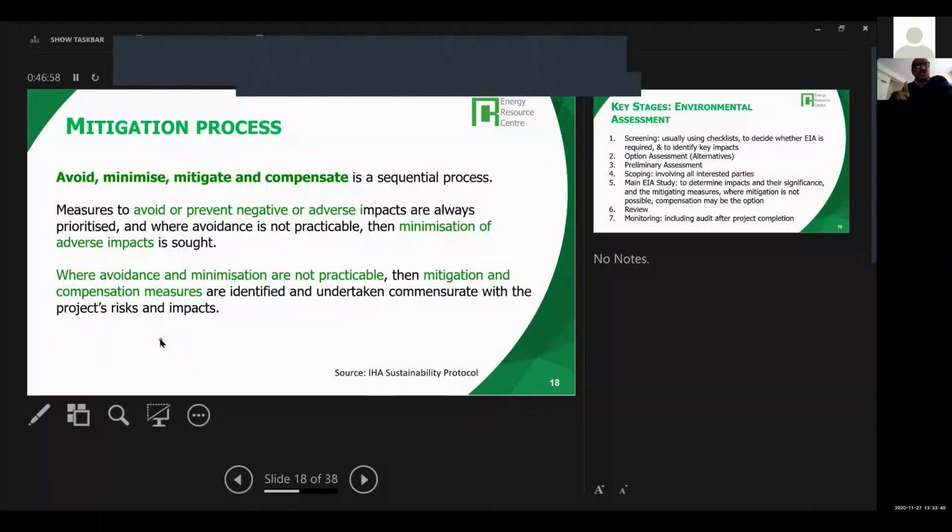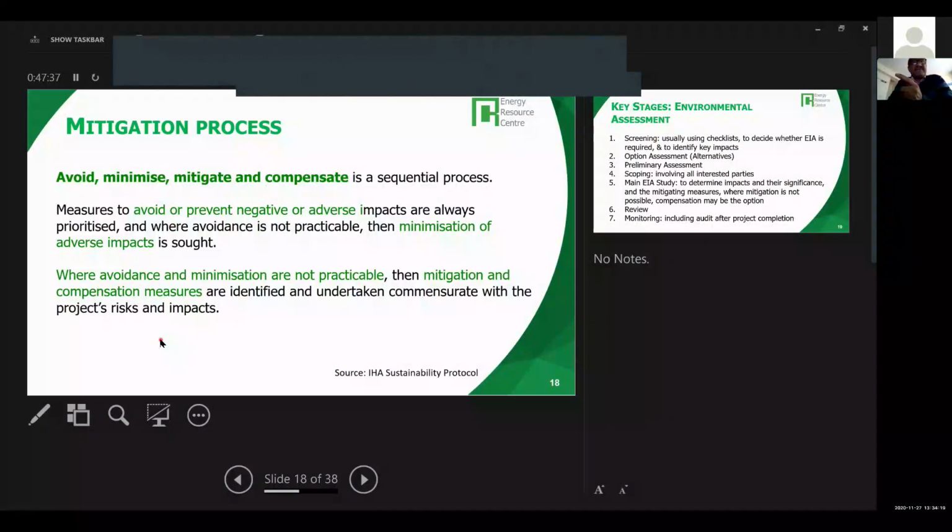One is you should, as far as possible, avoid and prevent negative or adverse impact. If there is a cultural site where your project passes by, and if there is an alternate alignment, for example, for your canal or your headrace pipe, if you have an option of taking an alternative alignment, then you should avoid having a negative impact on the cultural heritage site.